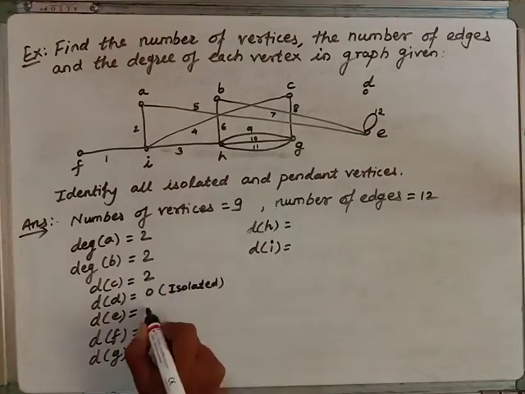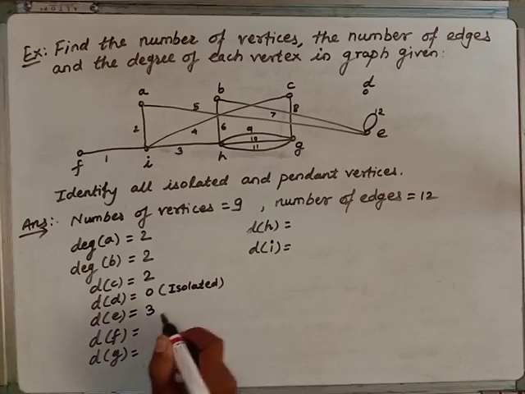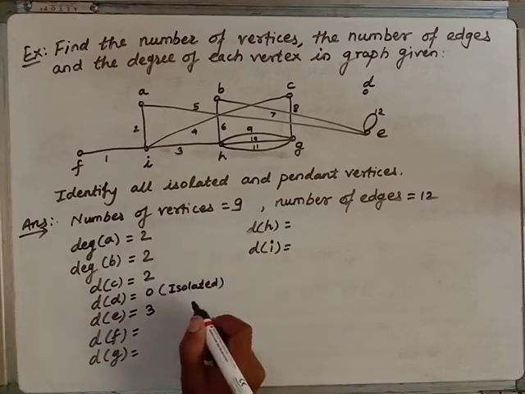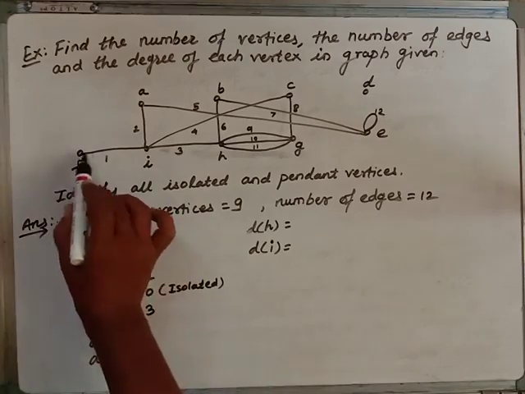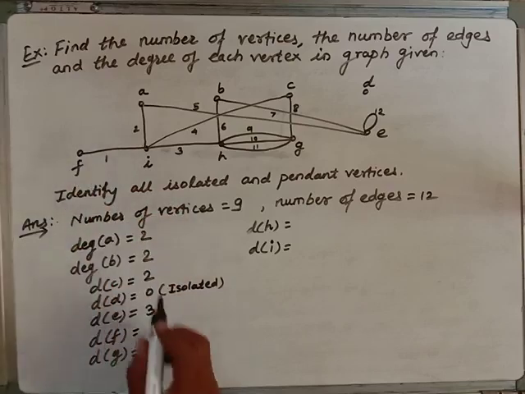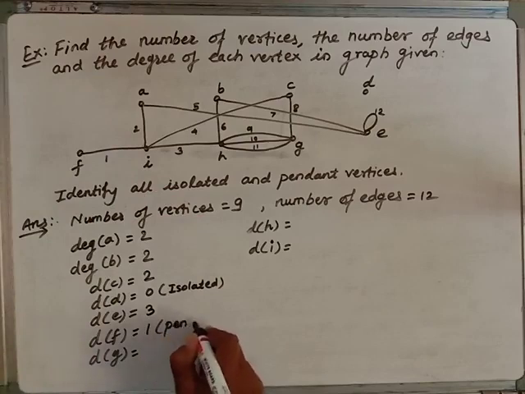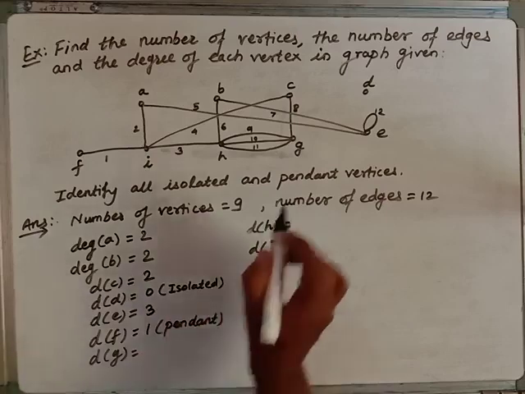So how many edges are there? 3. Degree of E is 3. Then degree of F. Look at F. Only one edge goes here. So the degree of F is 1. So it will be a pendant vertex. It is pendant.